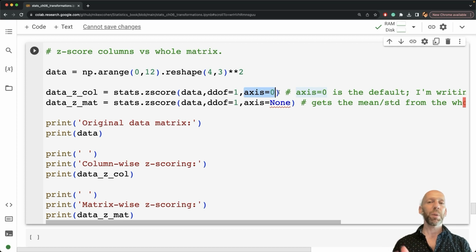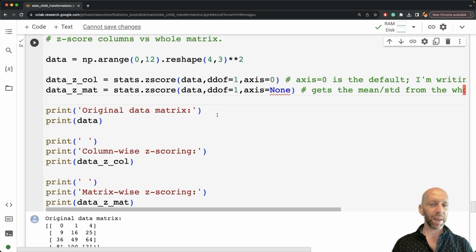Axis equals 0 would mean the columns. We could say axis equals 1. This would be the rows. And if we say axis equals None, then the mean and the standard deviation are computed based on all of the elements in the entire matrix.